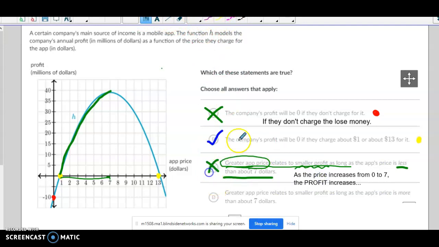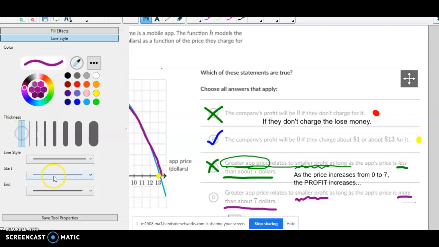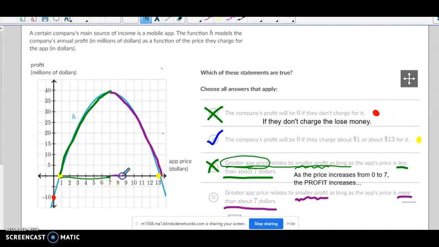Not that one. And then let's look at this. Greater app price relates to smaller profit as long as the app price is more than 7. So now we're looking at more than 7. We're looking at 7 and more. So are we getting a smaller profit when we go from 7 and higher? Let's look. So we go between here and here.